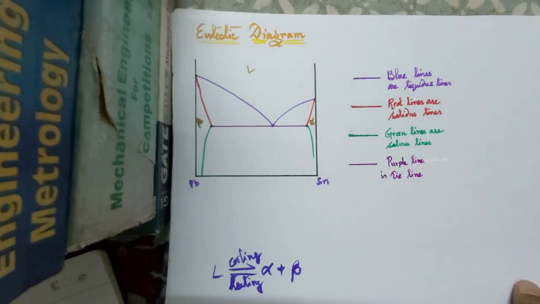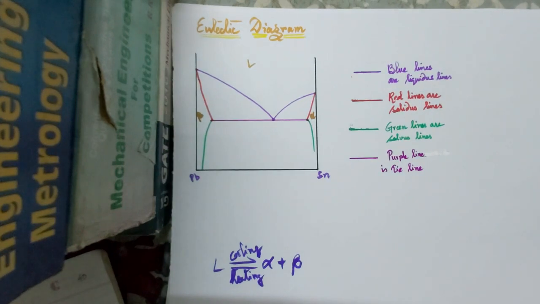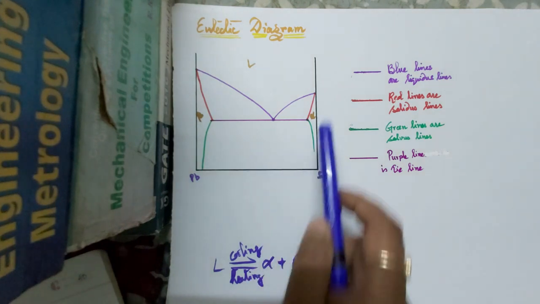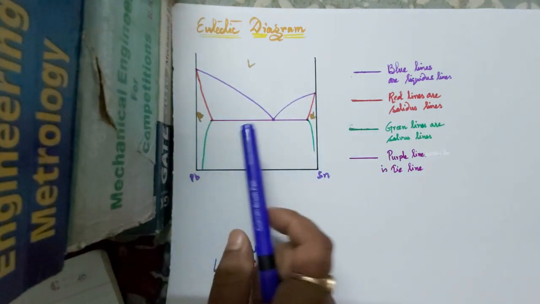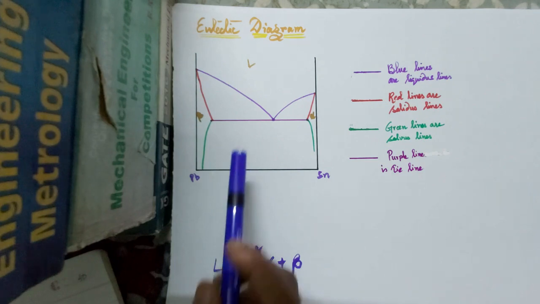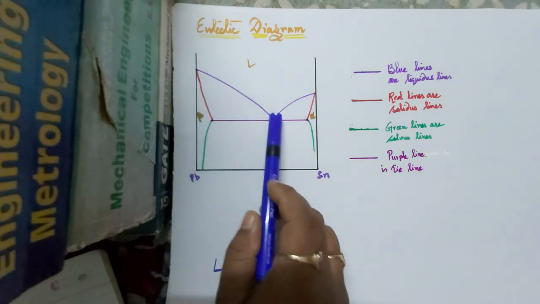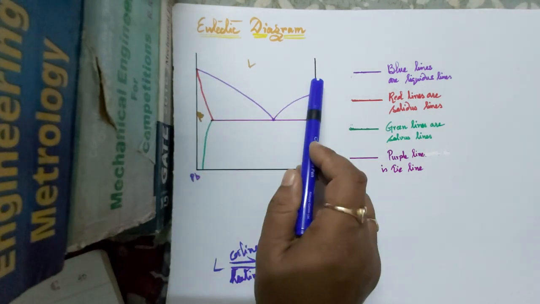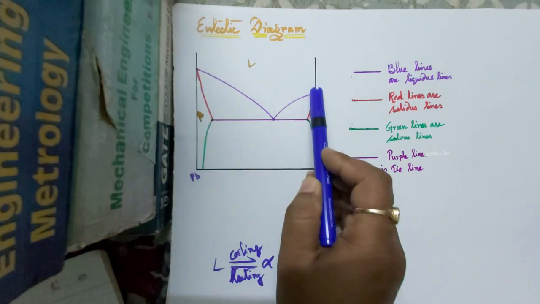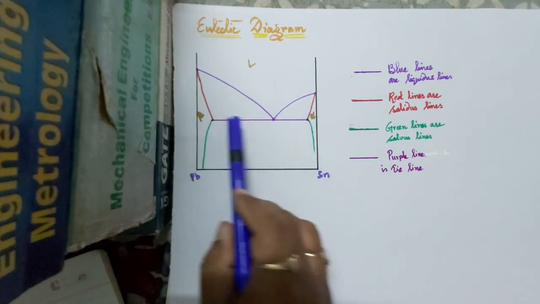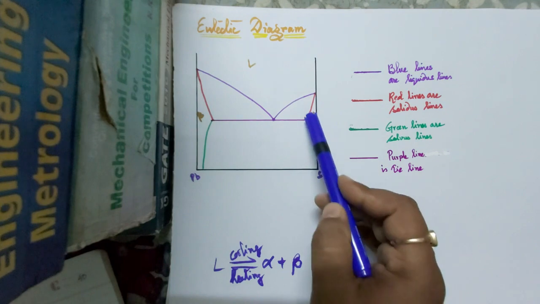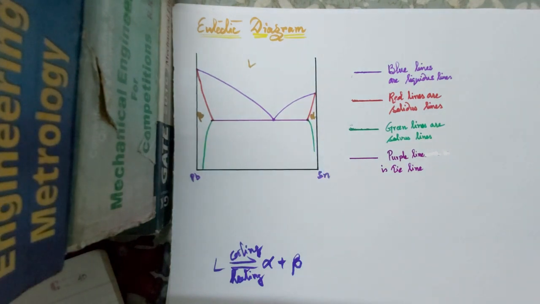So now we have this eutectic phase diagram, which is a Pb-Sn phase diagram. In this diagram we have 4 different colored lines: two blue lines, two red lines, one purple line, and two green lines.